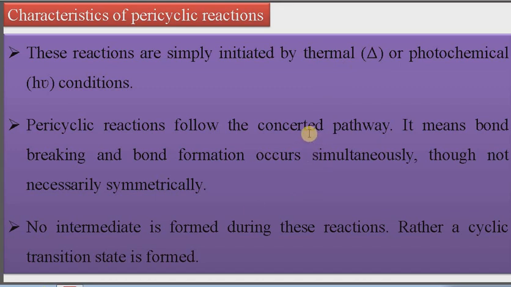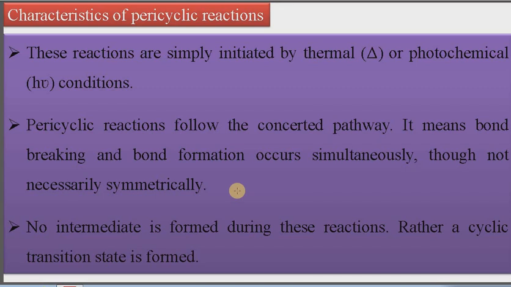Pericyclic reactions follow the concerted pathway. Concerted pathway means bond breaking and bond formation occur simultaneously, though not necessarily symmetrically. Means it is not necessary that the process is symmetrical, but the two steps, that is bond breaking and bond formation, are simultaneous.